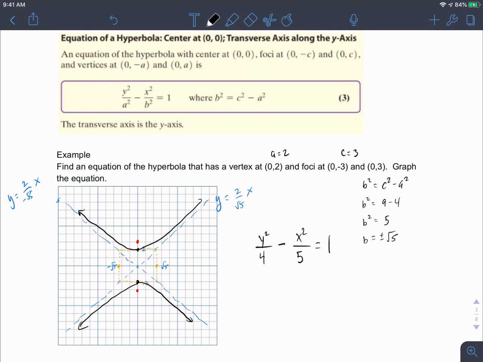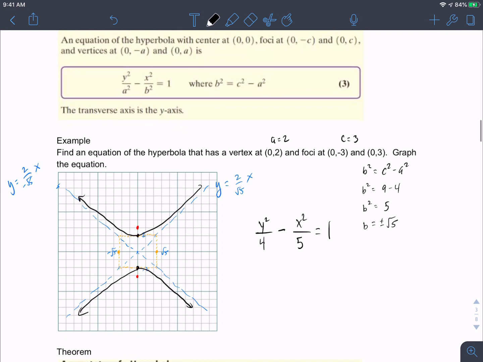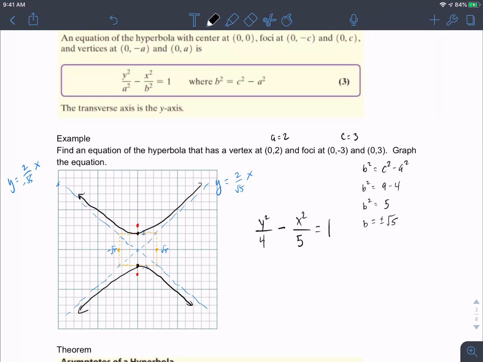So the square root of the denominator, divided by the square root of the y squared's denominator, which is 2. So that's how I get these values. I actually spoke that wrong. It's the y over the x. So it's the square root of the y, so square root of 4 over the square root of 5, which gives me that equation value.